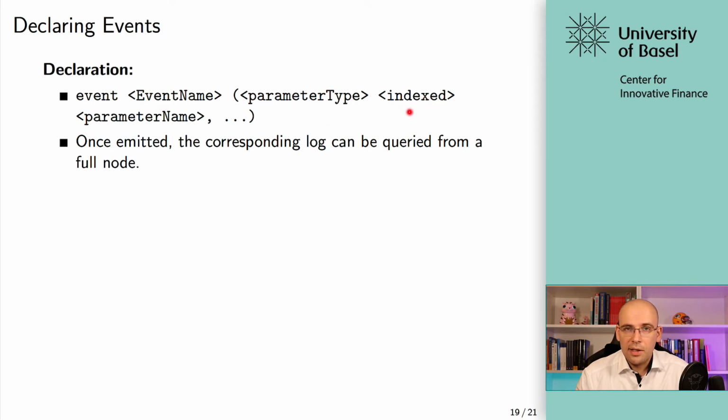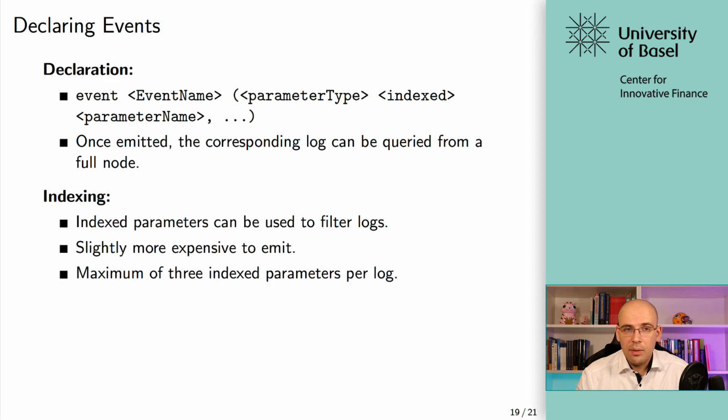You're saying whether it's indexed or not, and each parameter also, of course, needs a specific name. Once emitted, the corresponding log can be queried from a full node, so you can ask for it. You can ask for all the events of a specific contract, and as I said, you can also subscribe to them and basically listen for the events, listen if something has happened.